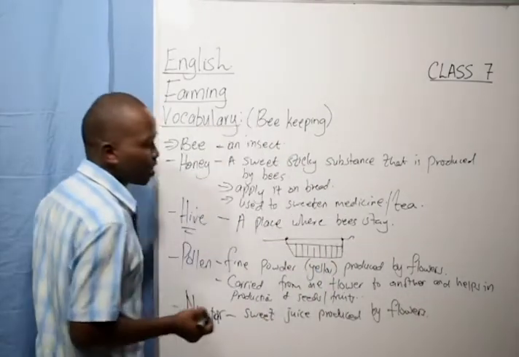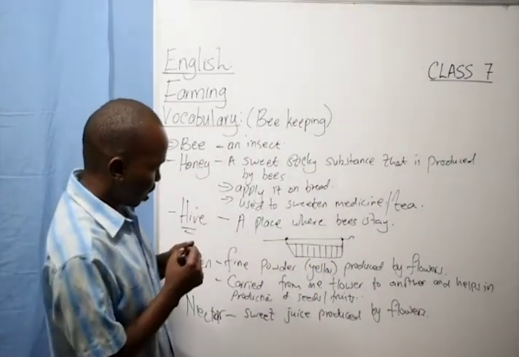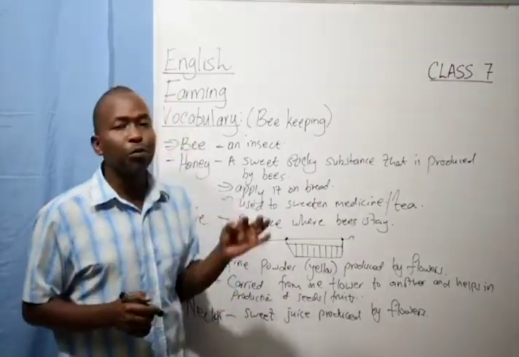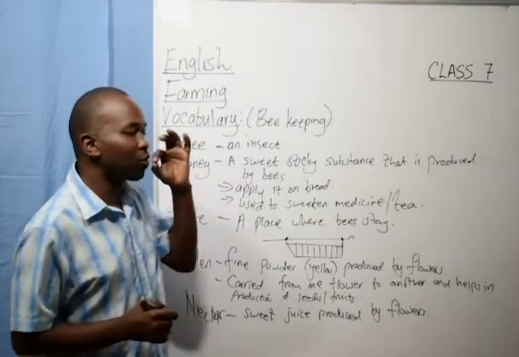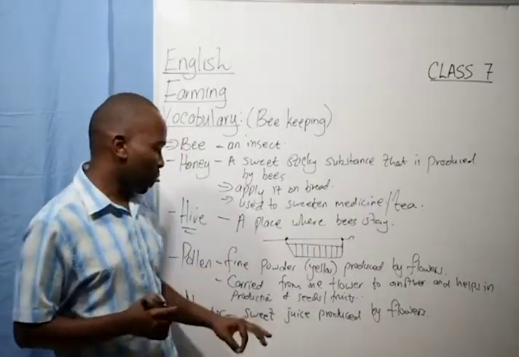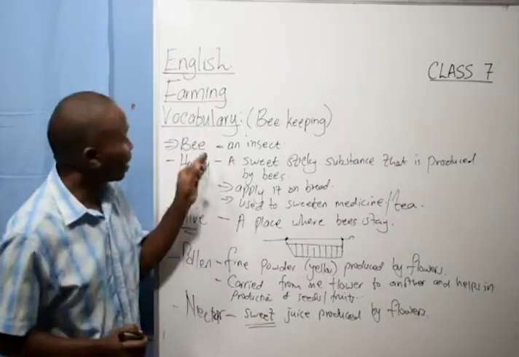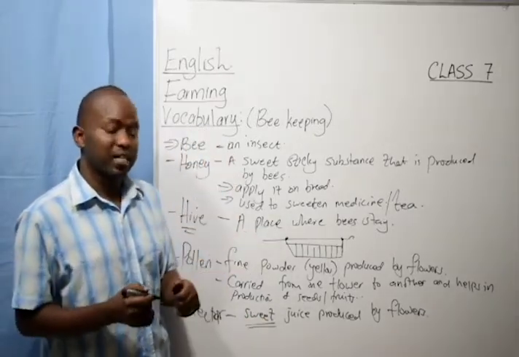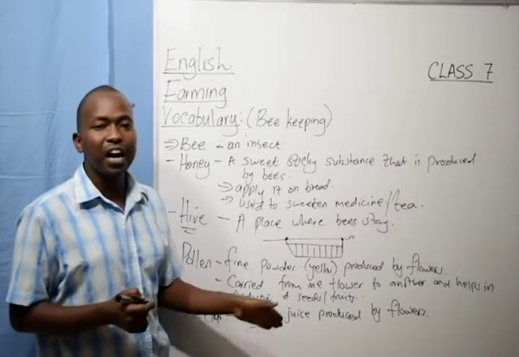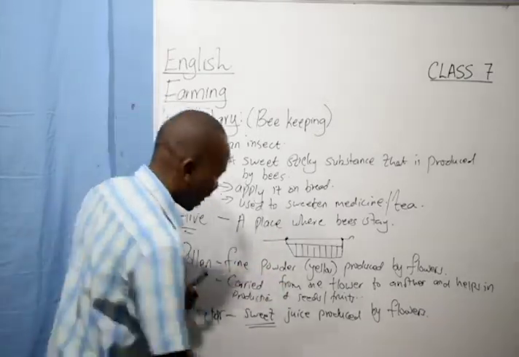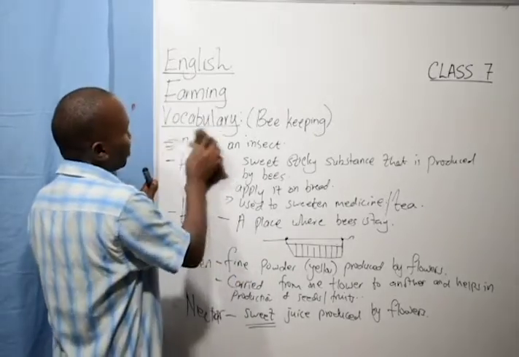I'm sure even some of us have come across those flowers that we pluck and then put in our mouths and pull some of the juice. The way you feel that it is sweet, that is the same way the bees and the birds feel as they enjoy it. They like taking the nectar very much.